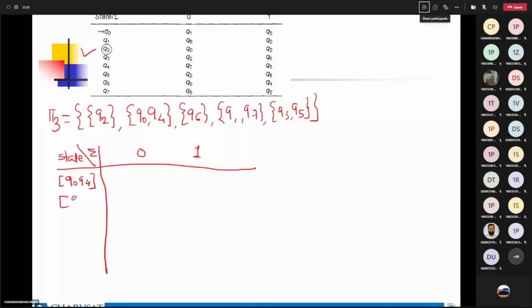Q1, Q7, Q2, Q3, and then what? 0, 1, 2, 3, 4, 6 is remaining.